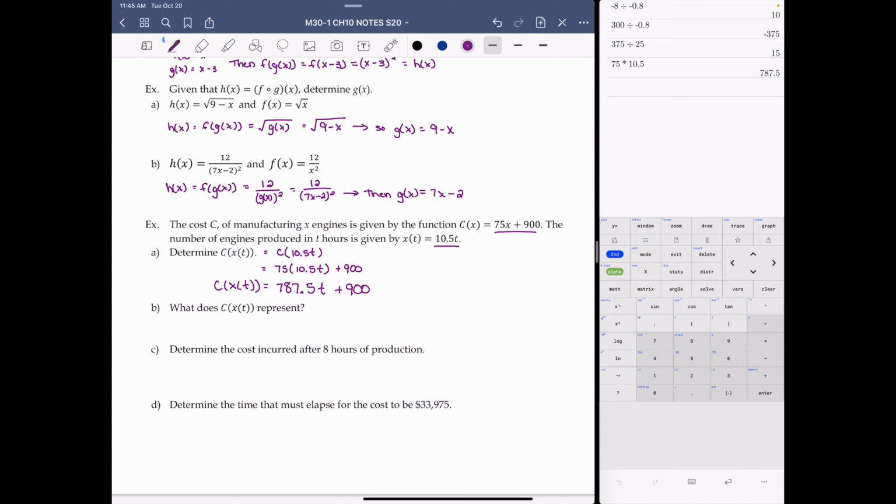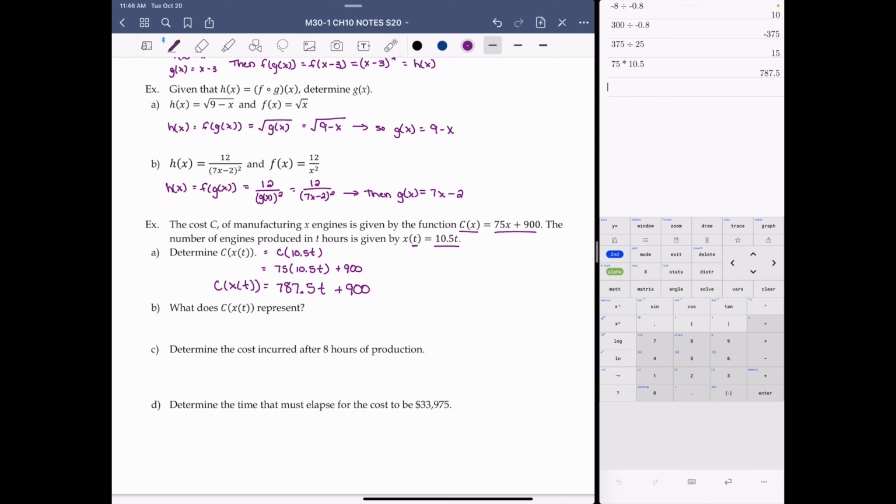What does C(x(t)) represent? Well, C is the cost of manufacturing x number of engines, and then x(t) is the number of engines produced in t hours. So for C(x(t)), our output is the cost, and our original input is t, because we're inputting t number of hours into x(t) first and calculating that, and then we're putting that value into the cost function and calculating the cost.